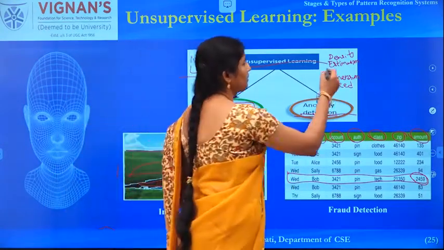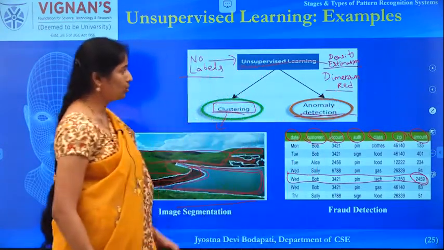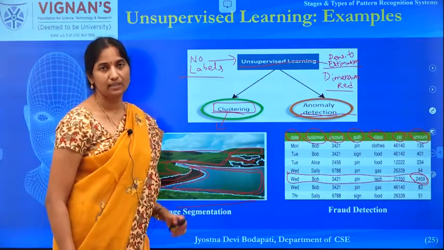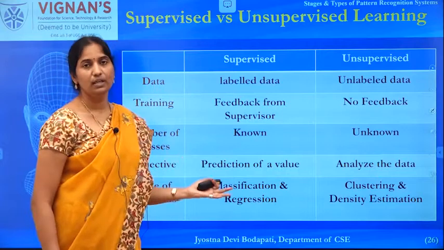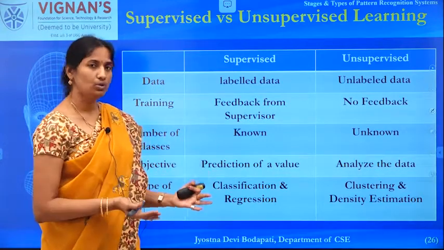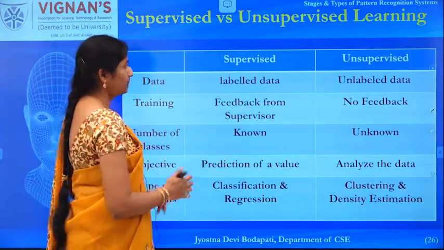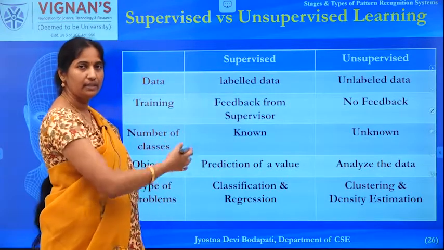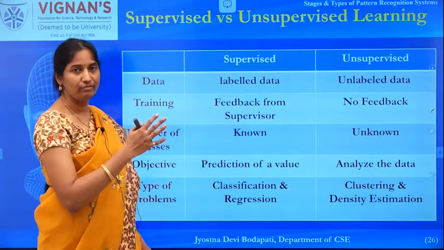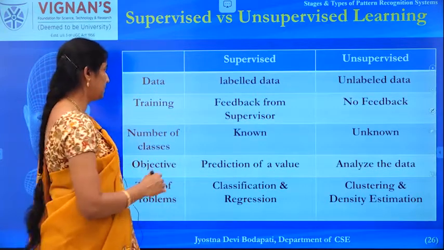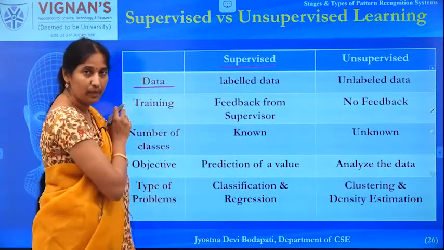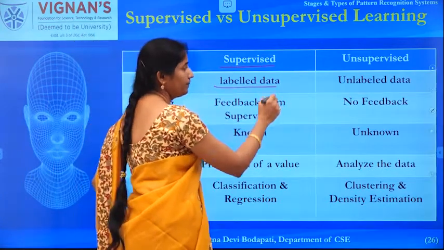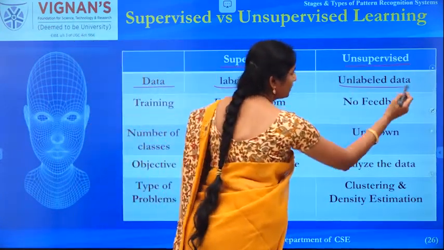Even density estimation and dimension reduction come under unsupervised learning, so just try to understand that. So far we have seen what supervised learning is and what unsupervised learning is. Let's have a detailed discussion of the differences between them. In supervised learning, the data you provide to the model is labeled, and in unsupervised learning, it is unlabeled data.